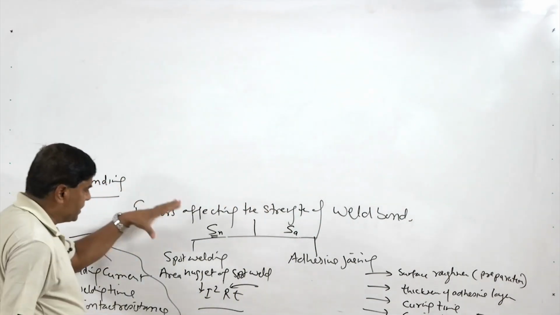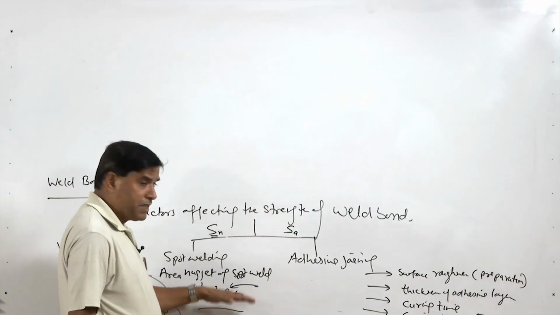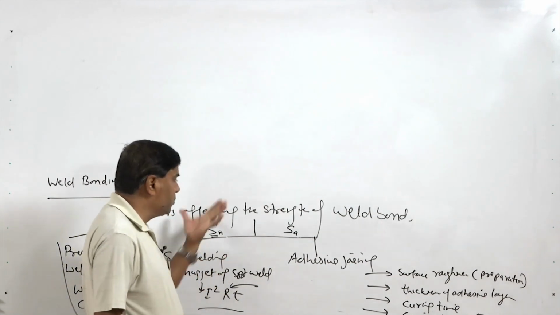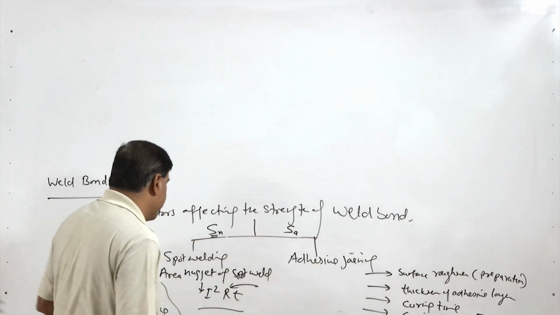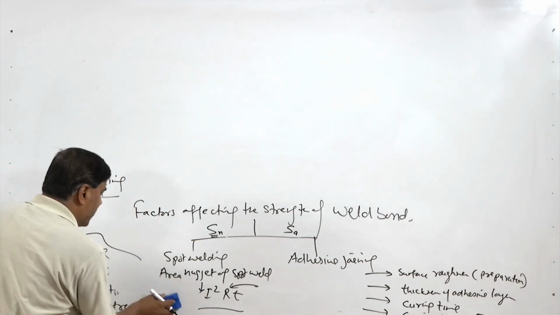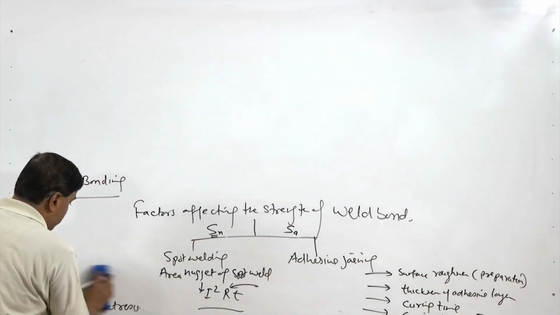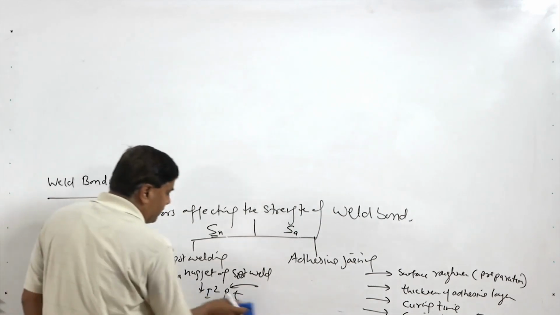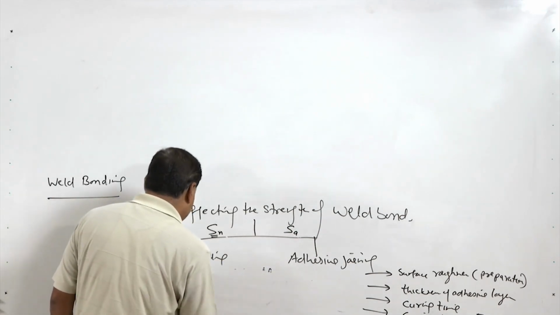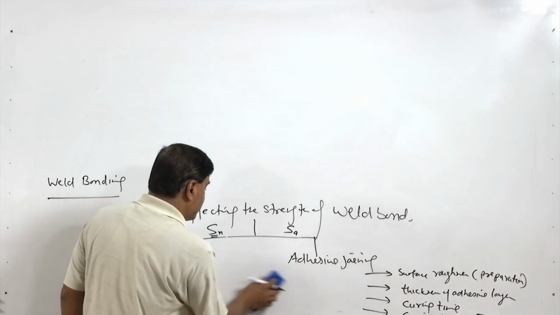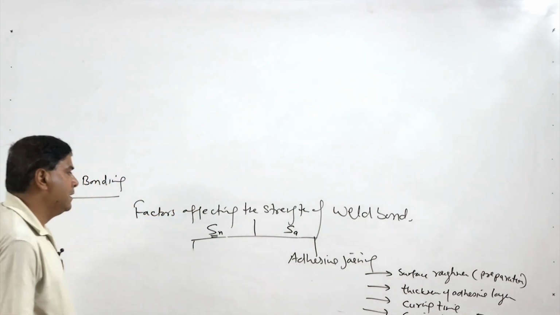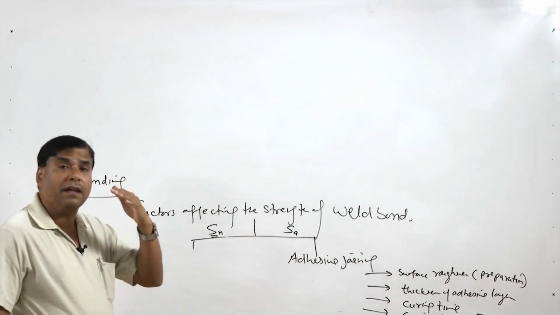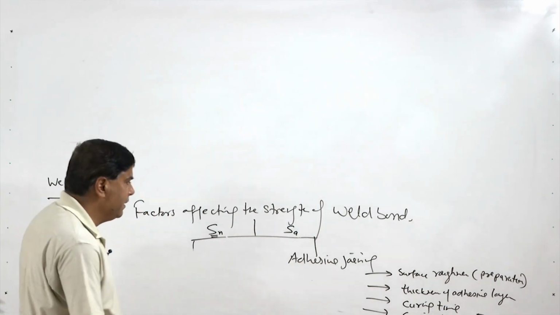Now, we have seen that increase in current and increase in time increase the weld nugget area, which in turn will be increasing the bond strength. Similarly, increase in pressure reduces the contact resistance. So, under identical conditions of current and time, it may decrease the weld nugget area, and it may adversely affect the bond strength. But there has to be an optimum pressure, so that arcing at the faying surfaces and between the sheet and the electrode can be avoided.